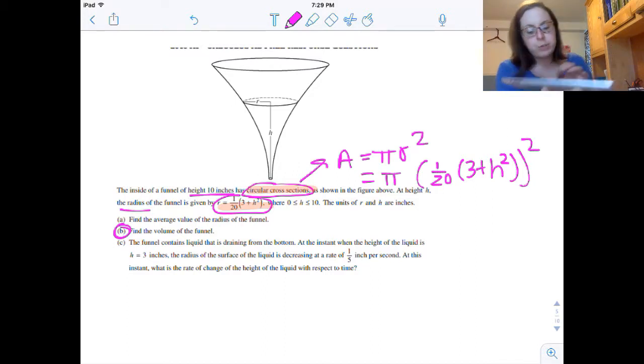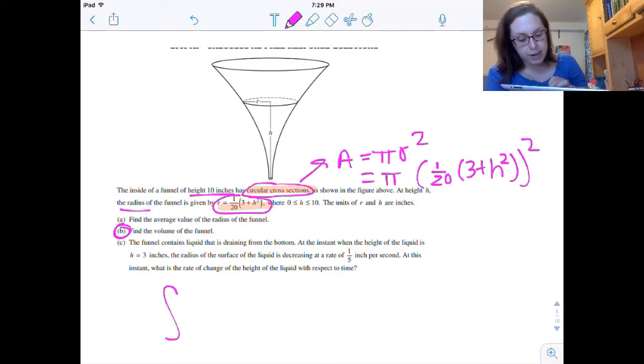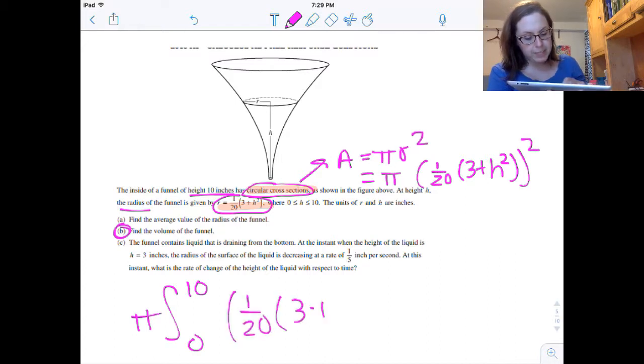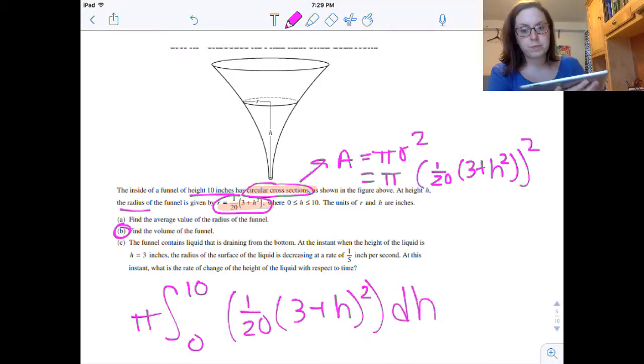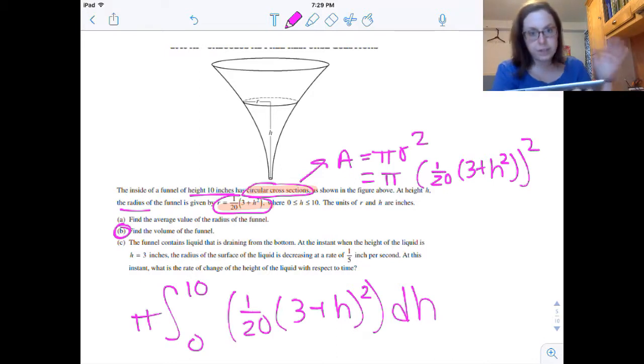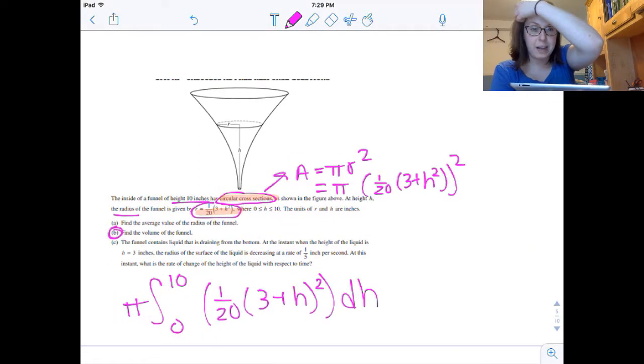So to find the volume of this, I'm going to integrate from 0 to 10, because 10 is my height, of pi times my radius, which is 1 over 20, 3 plus h squared dh. And again, we can evaluate that. I'm much more worried about the setup tonight. Again, take your cross sections, sum them up.